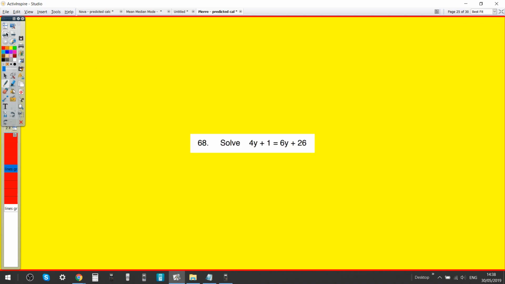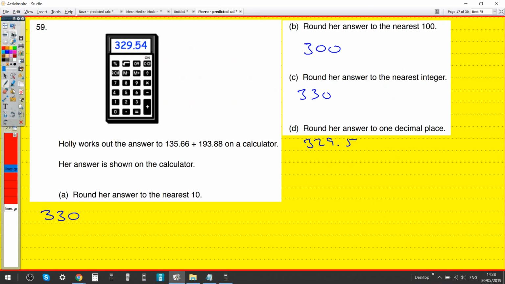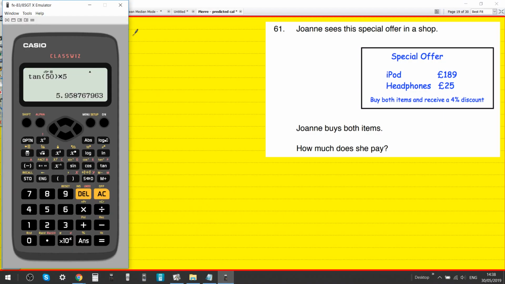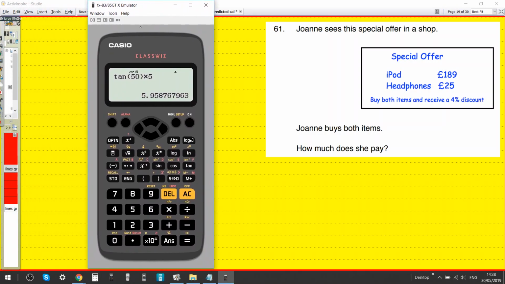So there's another way to do it, and I'm sure there's an easier way of doing it. But you were right at the beginning to do it that way. To add the two together, 189 plus 25.